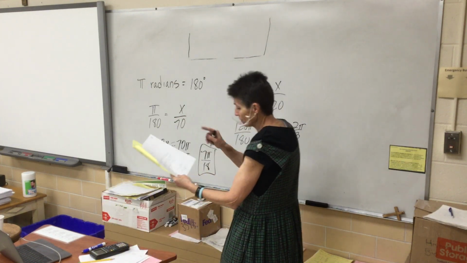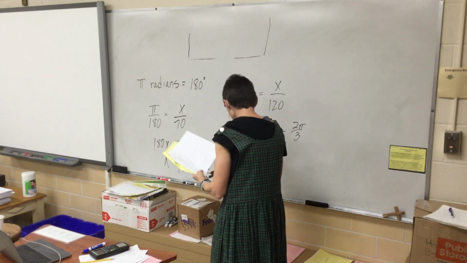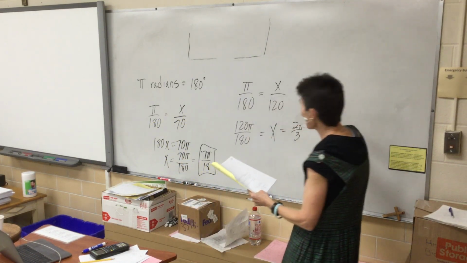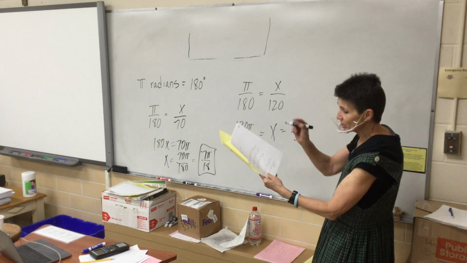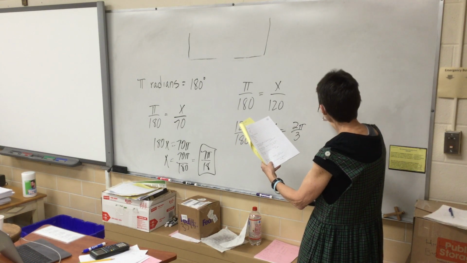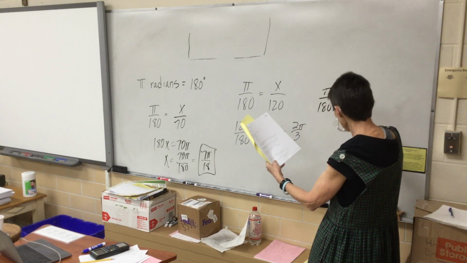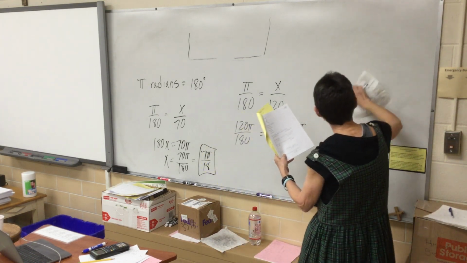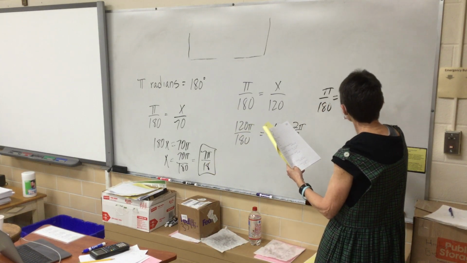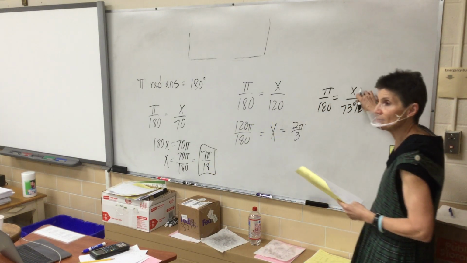Okay, now for number 4, it says I can use my calculator, but I'm going to do exactly what I just did. Question 4a says pi is to 180 as x is to 73°12'. That's what I'm trying to figure out.